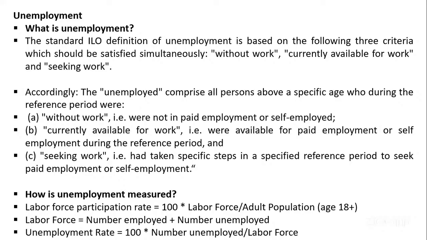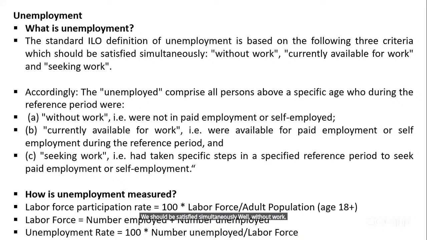So let's continue. Because of our time, the next thing I want to talk about is unemployment. According to the International Labour Organization, the definition of unemployment is based on the following three criteria, which should be satisfied simultaneously. One, without work.